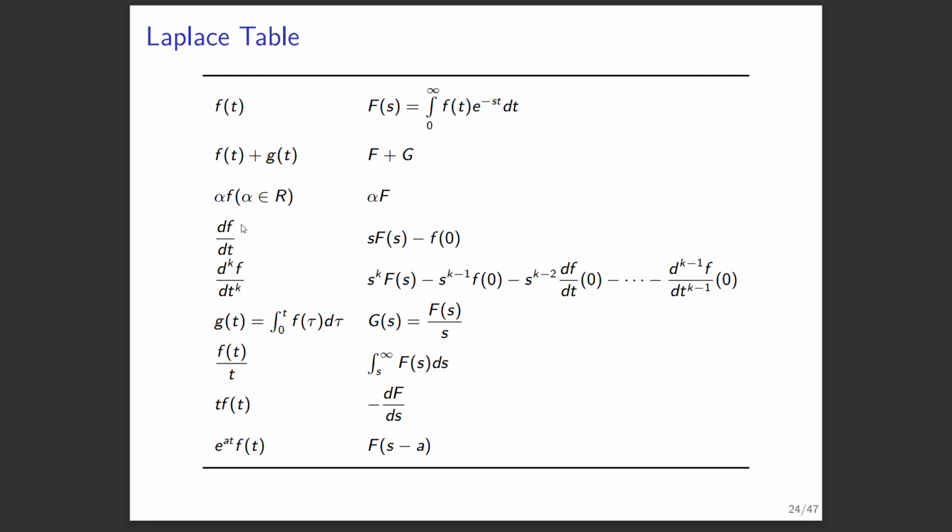For the derivative, if you have the derivative of a function and you want to take the Laplace transformation of that, you can just take the Laplace transformation of the function itself and then simply multiply with an s, and then subtract the initial conditions. Notice that this is the small f, so this is the time function, and this is the frequency domain one.